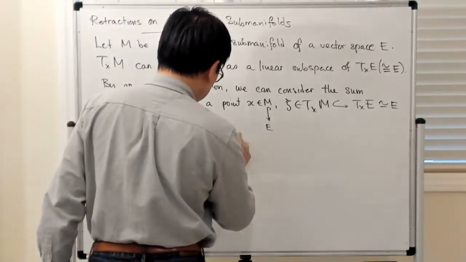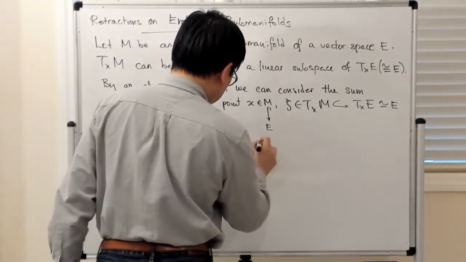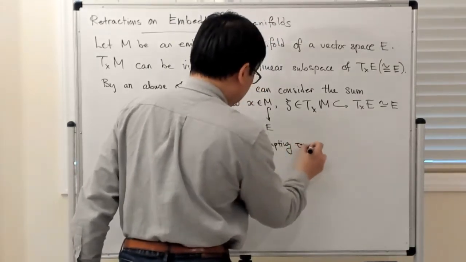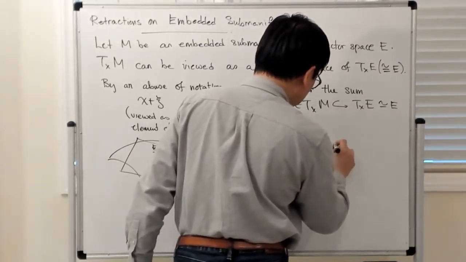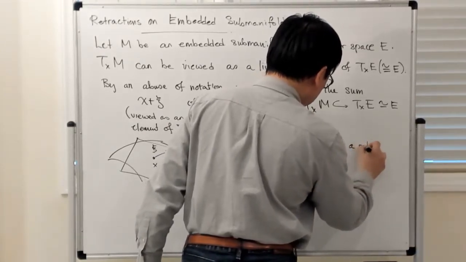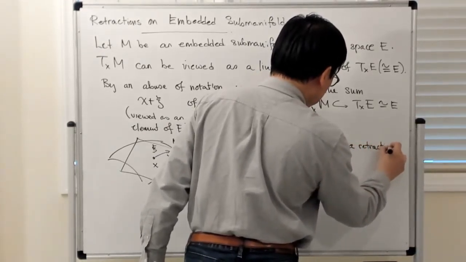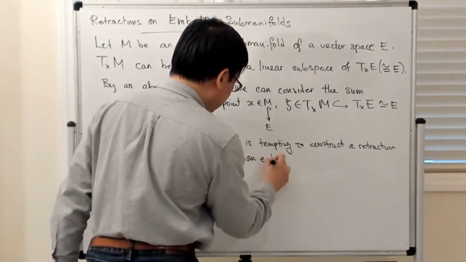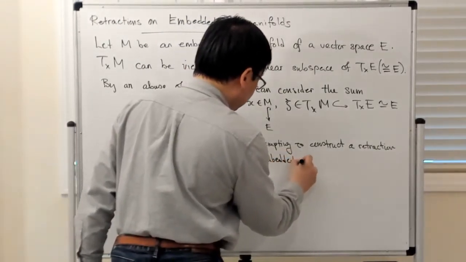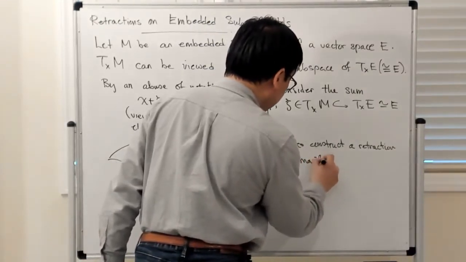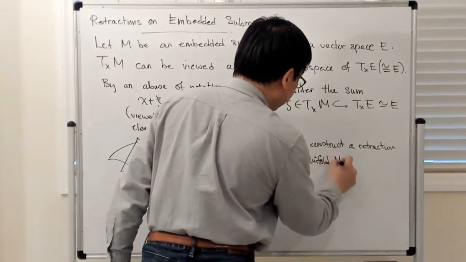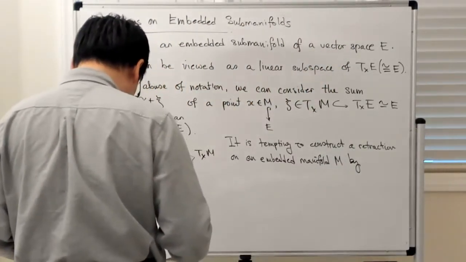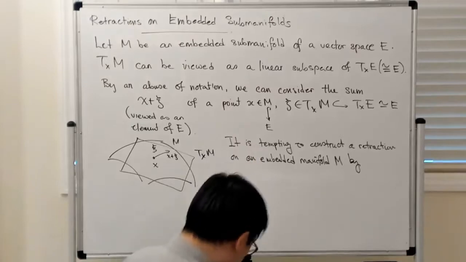So the point is that it is tempting to construct a retraction on an embedded manifold M by the following feature.